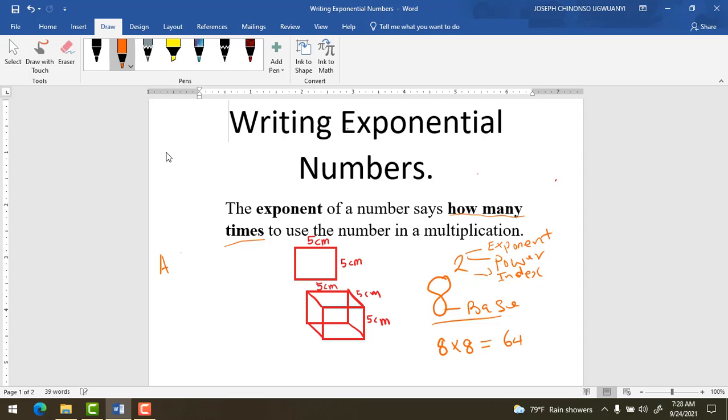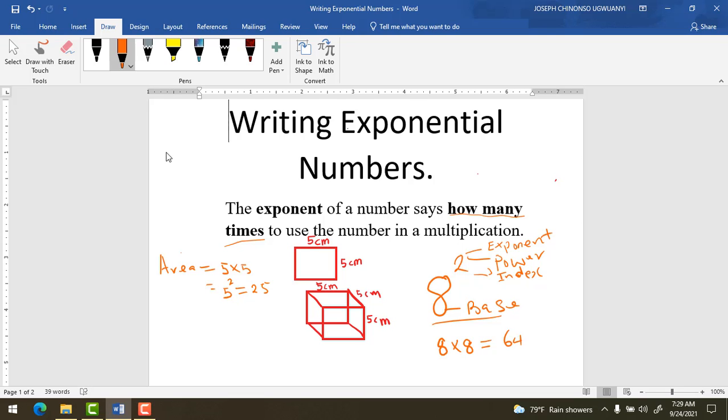We say that the area will be equal to 5 times 5. Of course, this will give us 5 squared. So that gives us the area of this shape, and 5 squared is what? 25.